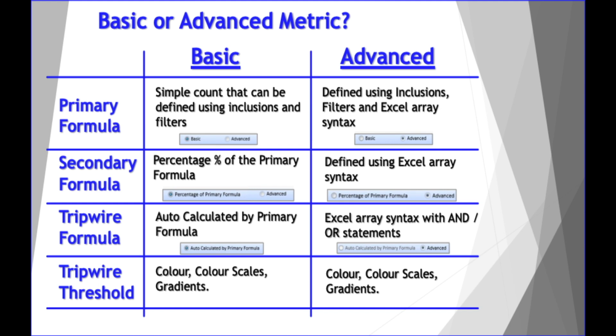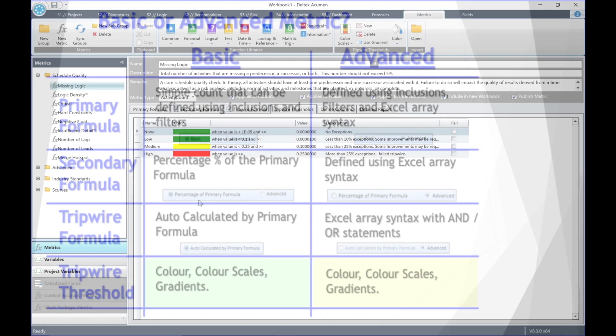For a basic metric, the calculated list of activities in the activity browser are automatically generated using auto-calculated by primary formula. For an advanced metric, the calculated list of activities in the activity browser are defined using Excel array syntax with and/or statements. Lastly, for basic and advanced metrics, the tripwire thresholds are displayed in the same way.